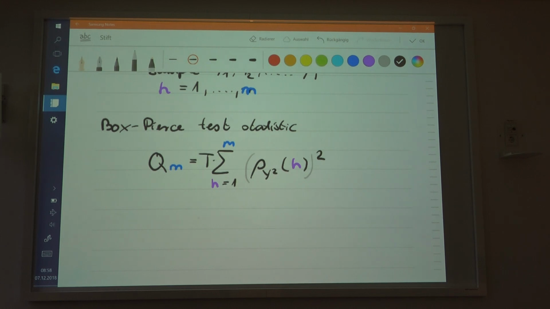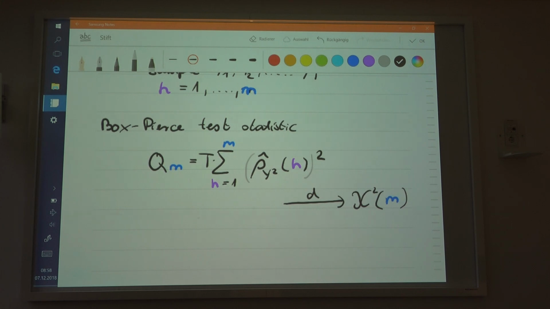And as we've seen in the previous chapter, of course you take the empirical one, and this thing converges in distribution towards the chi-square distribution with m degrees of freedom, so the number of degrees of freedom is equal to m.